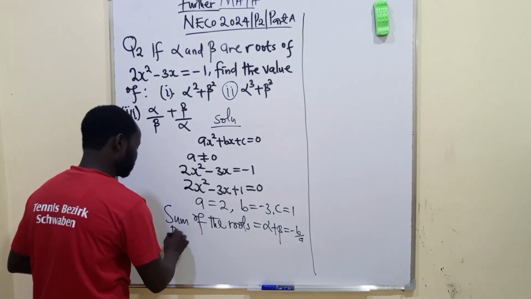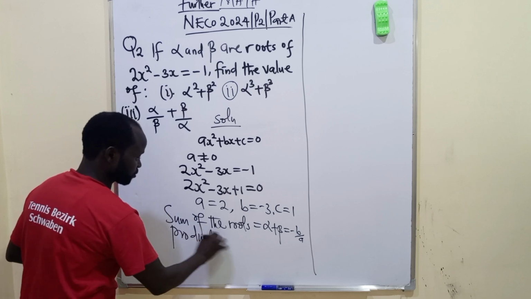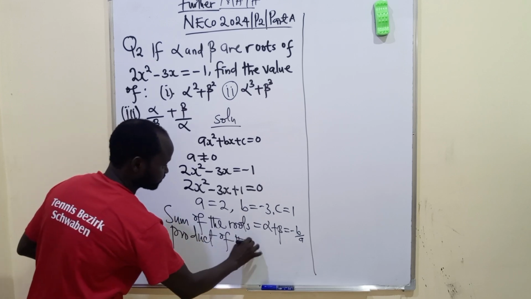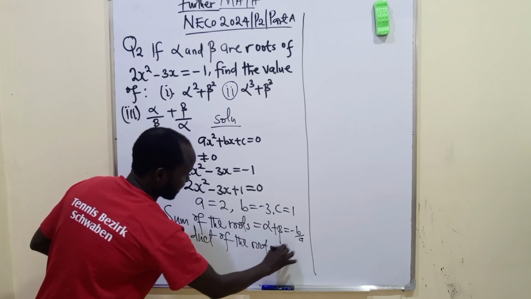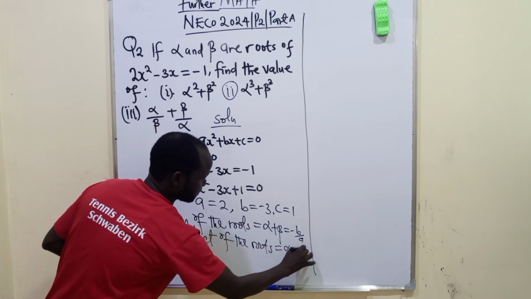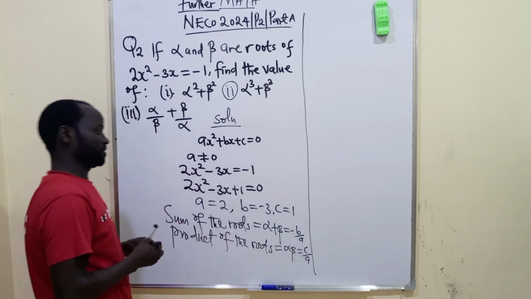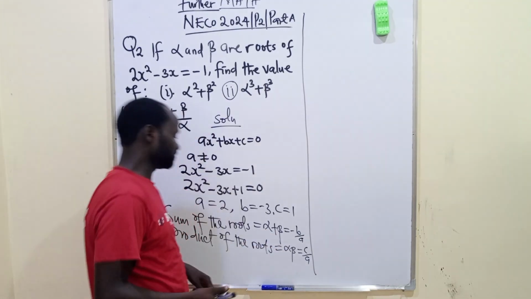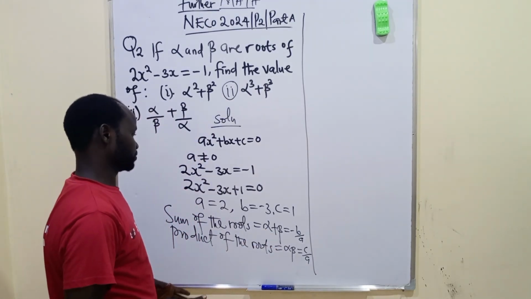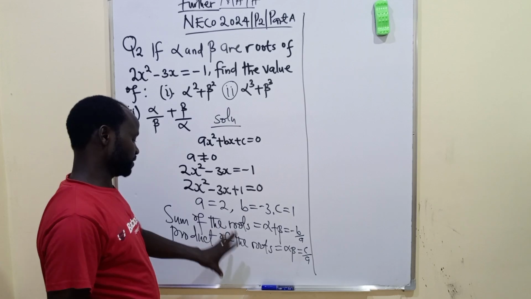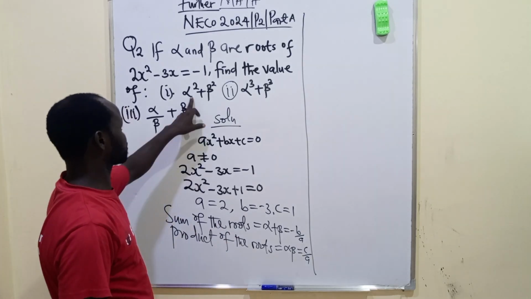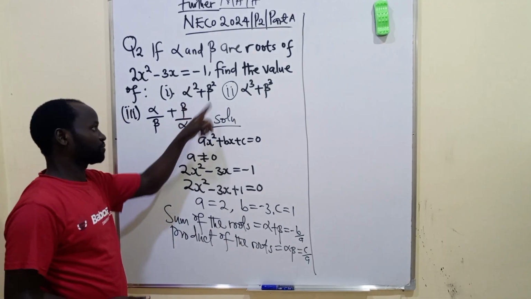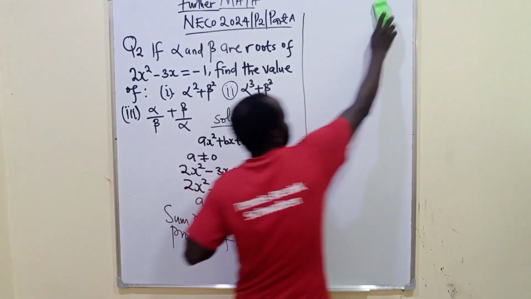Then the product of the roots will be alpha times beta, which is c divided by a. So this is the sum and this is the product of the roots of the quadratic equation. Let's get the sum and the product first before we solve alpha squared plus beta squared.